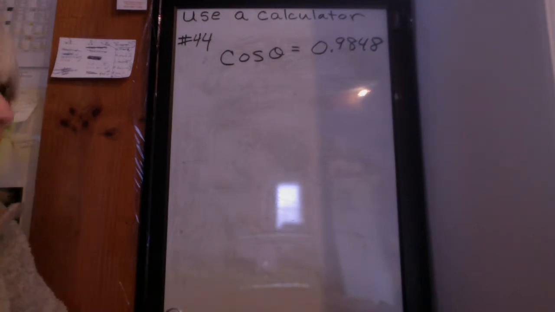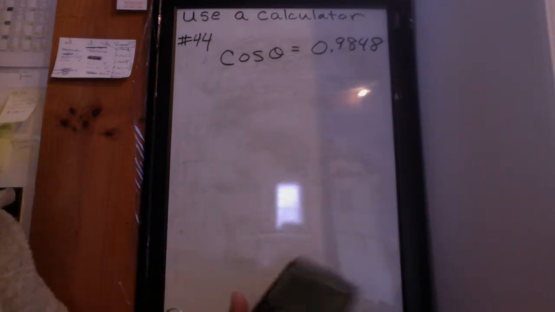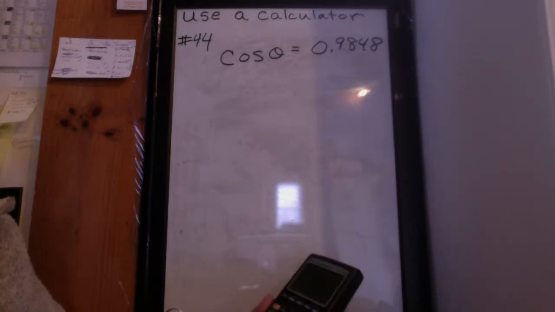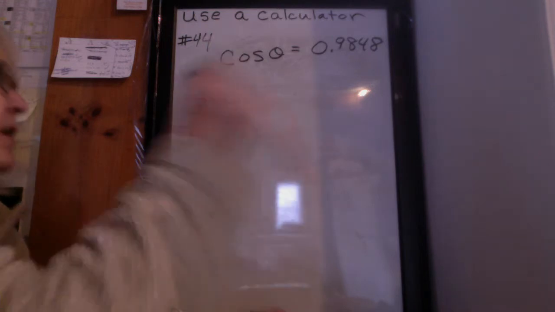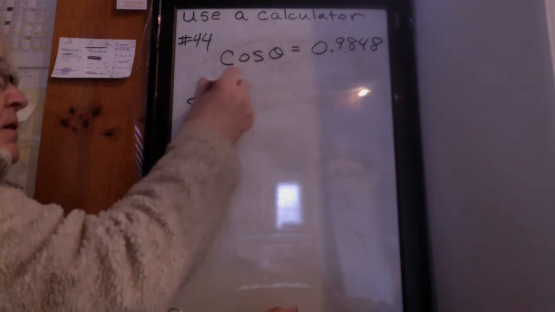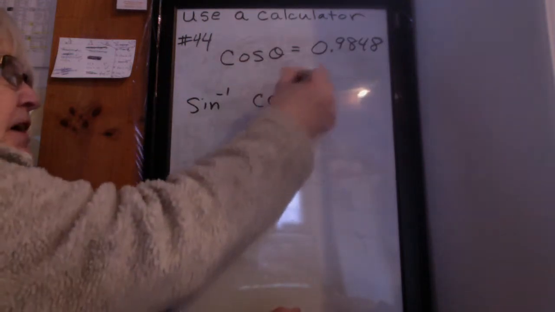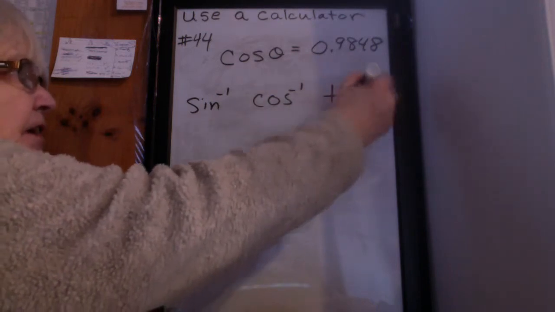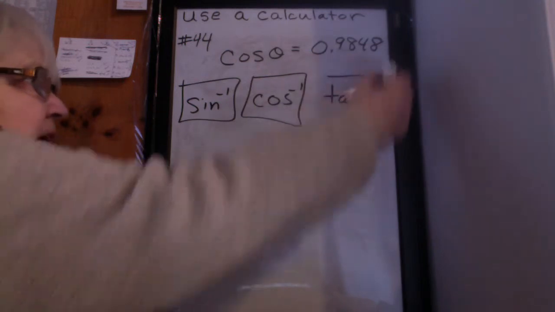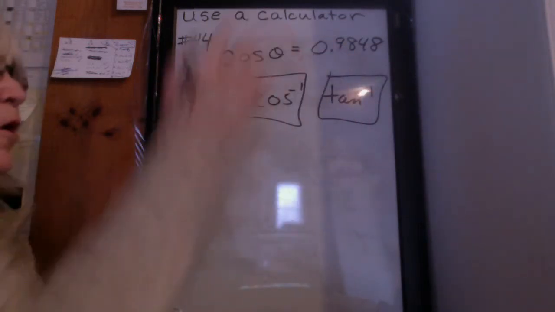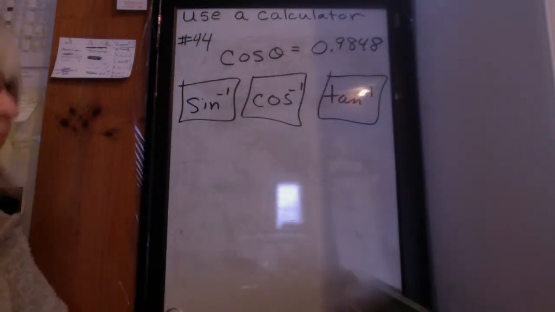And this again is totally done on your calculator, and that's where you use the sine -1, cosine -1, or tangent -1 keys. Basically that does not flip over those functions.